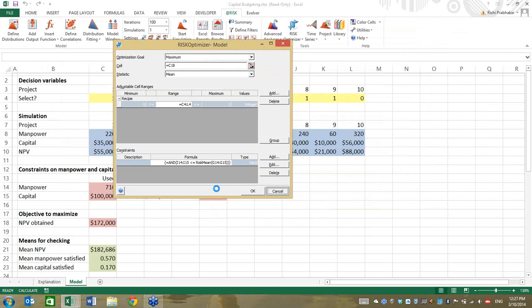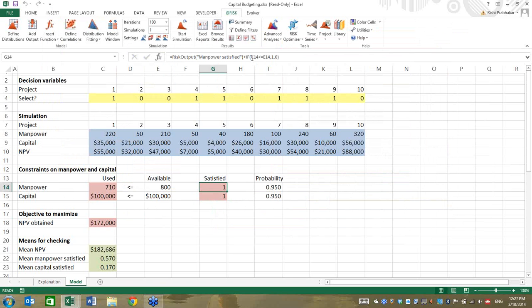Let's just see what that means. Let's cancel back to here. These cells are a simple if statement. If that is less than that, it's okay. If it violates it, then it's a 0. Therefore, after a simulation, the expected value of this cell equals the proportion of 1s in the simulation, which in turn equals the probability of this cell being a 1, which we know to interpret as the likelihood that the constraint will be met.